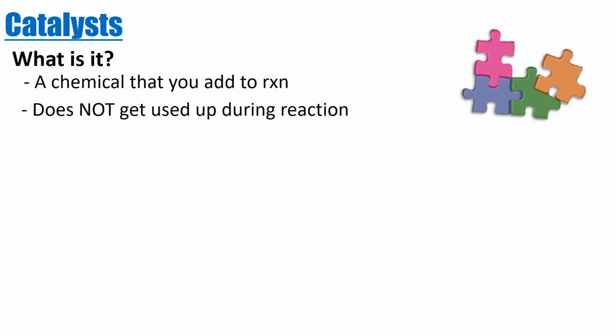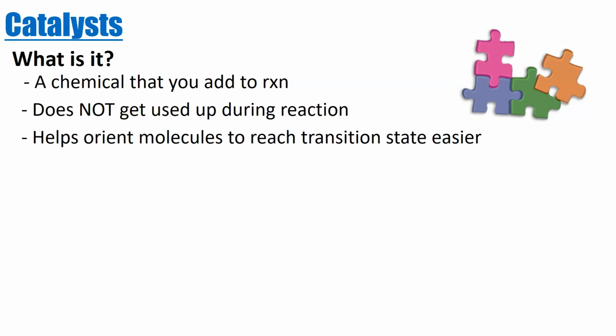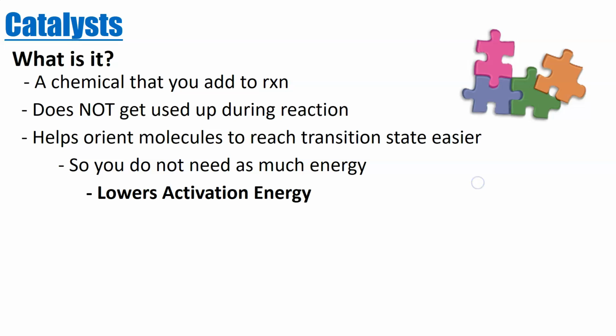What a catalyst does is it helps orient your molecule for you. And so it will turn things in the right direction. Sometimes it will allow the reaction to proceed in a different set of steps, but whatever it's doing for you, it's going to cause you to not have to put in as much energy. And so that lowers the activation energy.